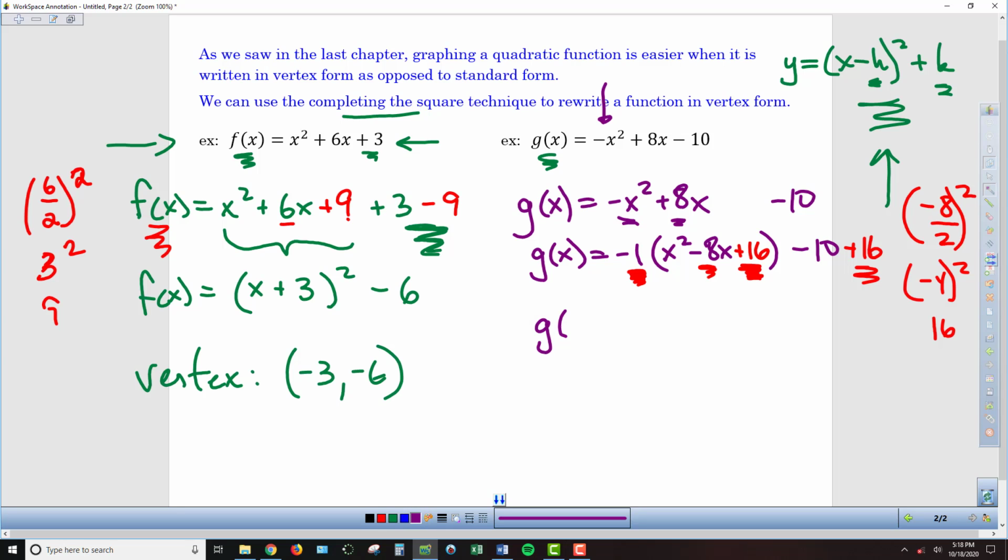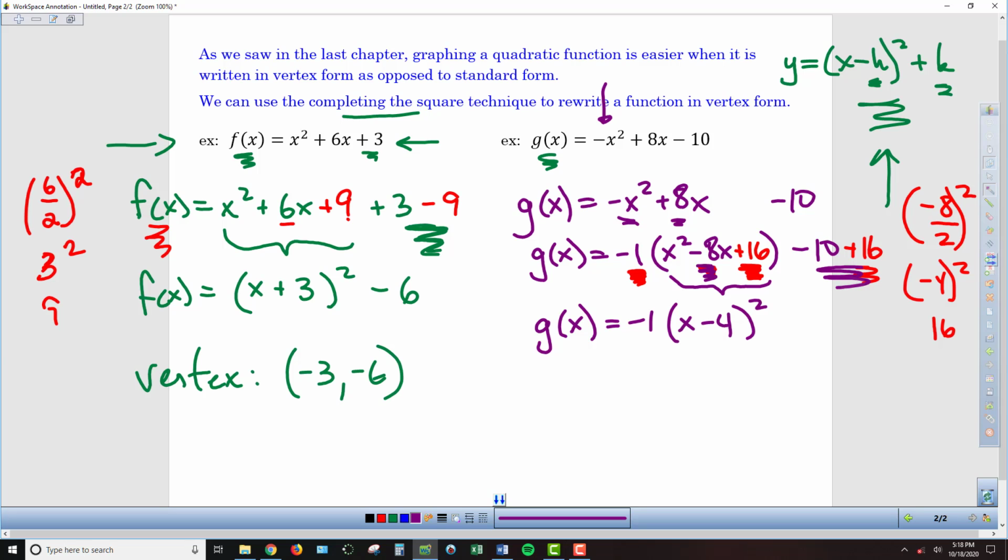But once we're here, we've got g of x equals, so I'm still going to have this negative 1 out front, and then I'm ready to factor this set of parentheses here. So I've got x, I know it's going to be squared, and then this number here is always half of the b value, so it's going to be minus 4.